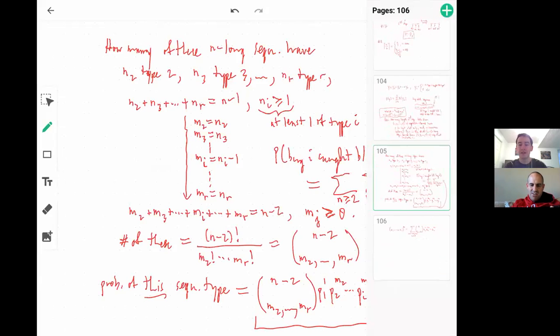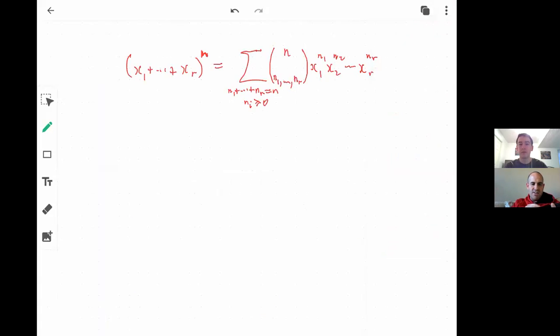So what I'm saying is this horrendous sum right here is just equal to this, a sum of those things raised to the power n.